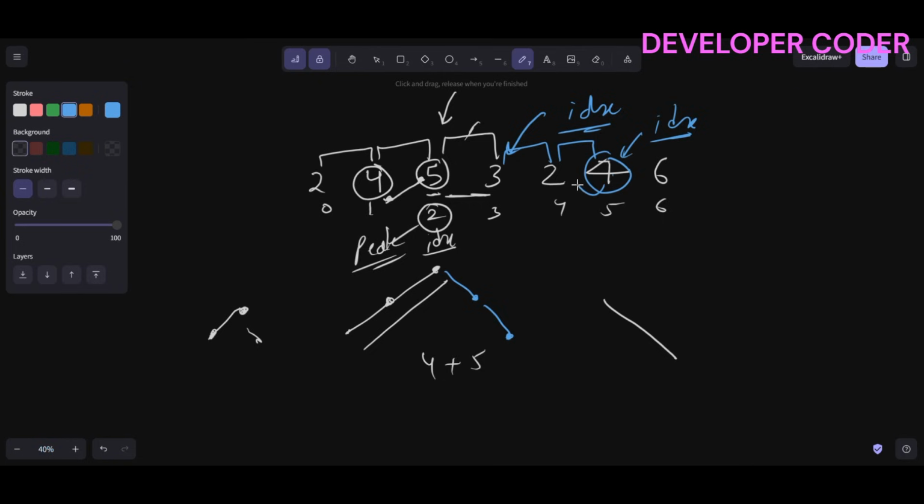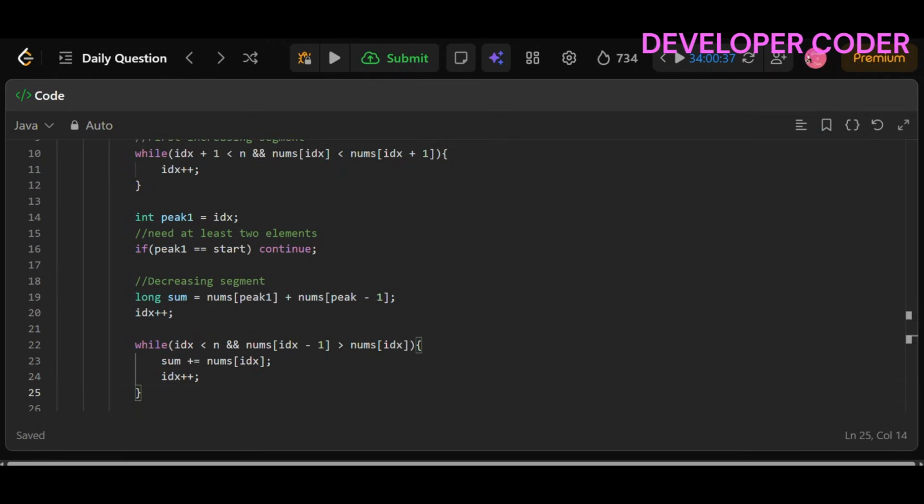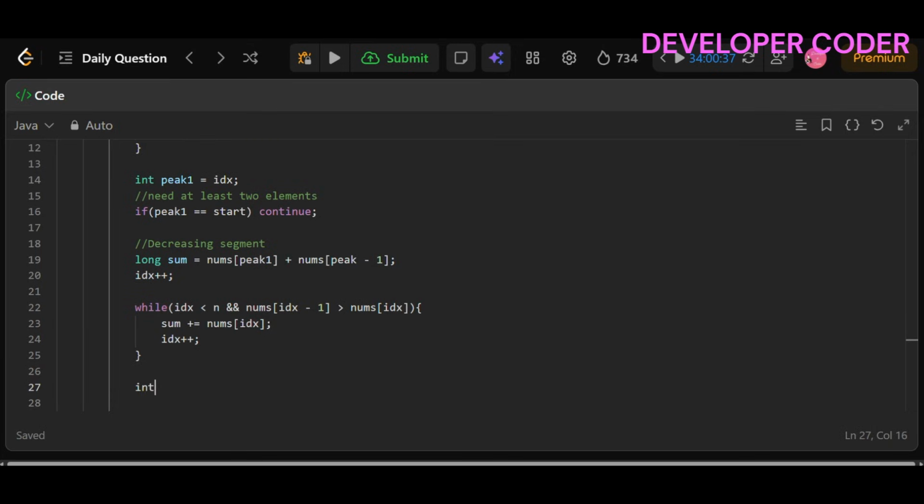So with the 4 I am comparing this, so right now it is false, so my idx is here, but my value is at this point, peak 1. So here what I will do, I will say int value is equal to idx minus 1, right? Clear why I'm doing idx minus 1? Because here we are comparing the previous value. Idx plus plus, and then we are comparing the previous value. So idx is moving one step ahead, so I just fix it here, right?